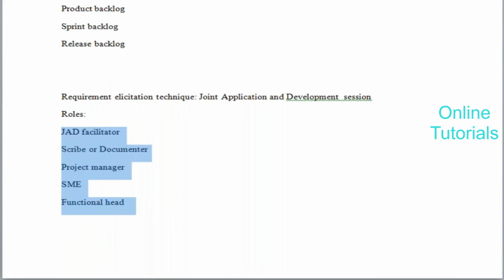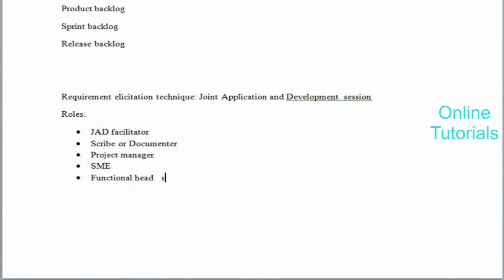These are all the different JAD roles: JAD facilitator, scribe, documenter, project manager, subject matter experts, functional head, and both internal and external stakeholders. Understand? Clear?